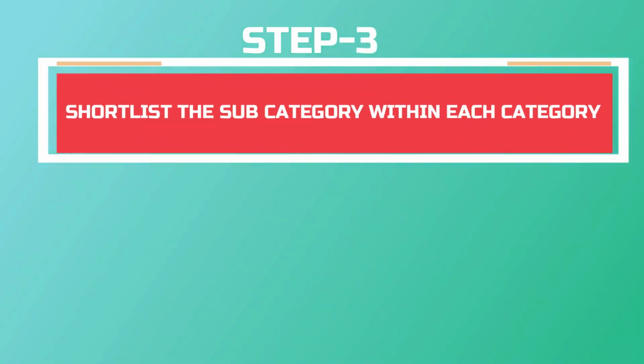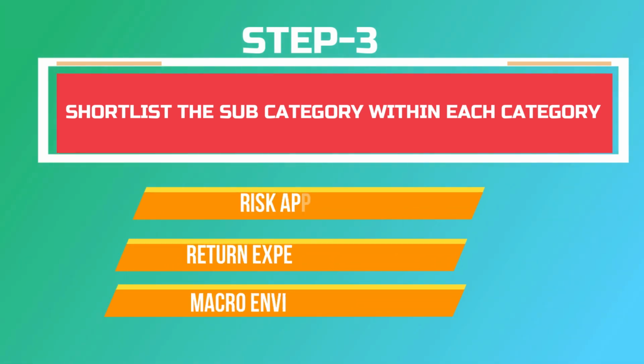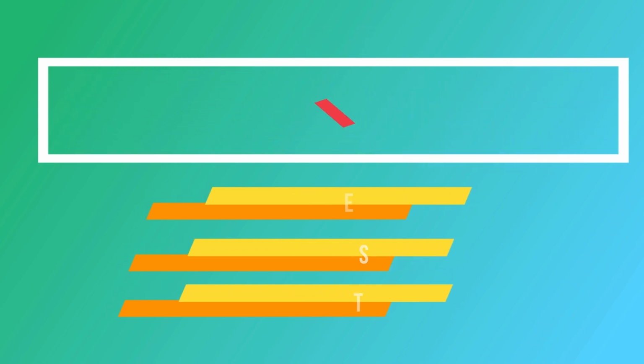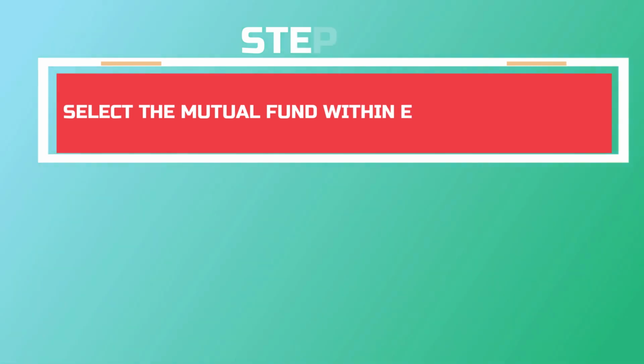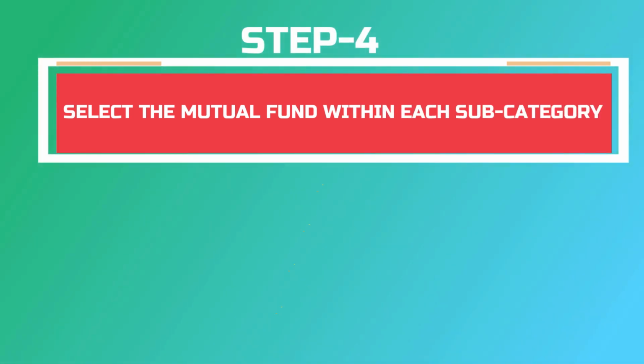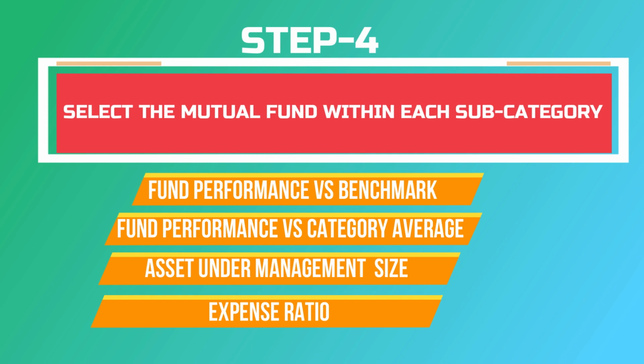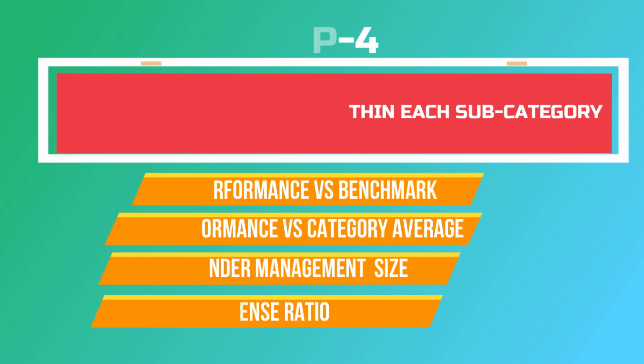In step 3, you have to shortlist the subcategory within each category. The various factors based on which we have to shortlist are risk appetite, return expectation and macro environment. In step 4, select the mutual fund within each subcategory. Various criteria to shortlist are fund performance versus benchmark, fund performance versus category average, AUM size, and expense ratio.